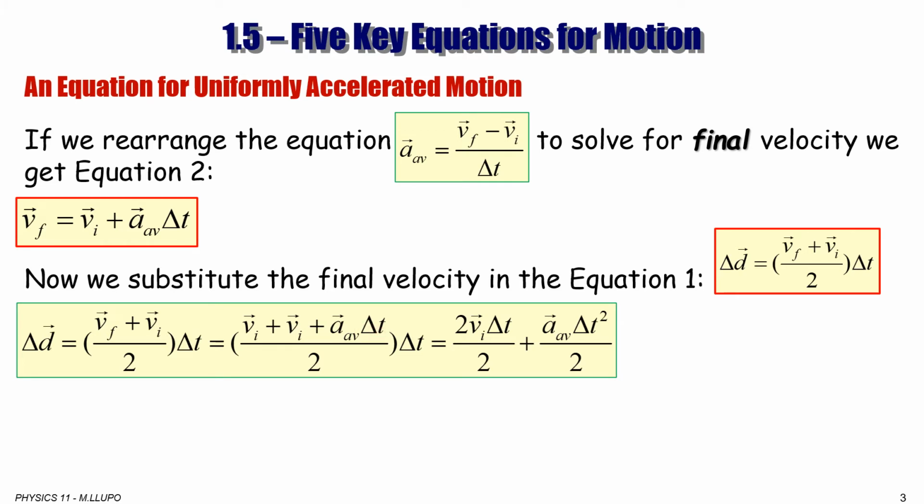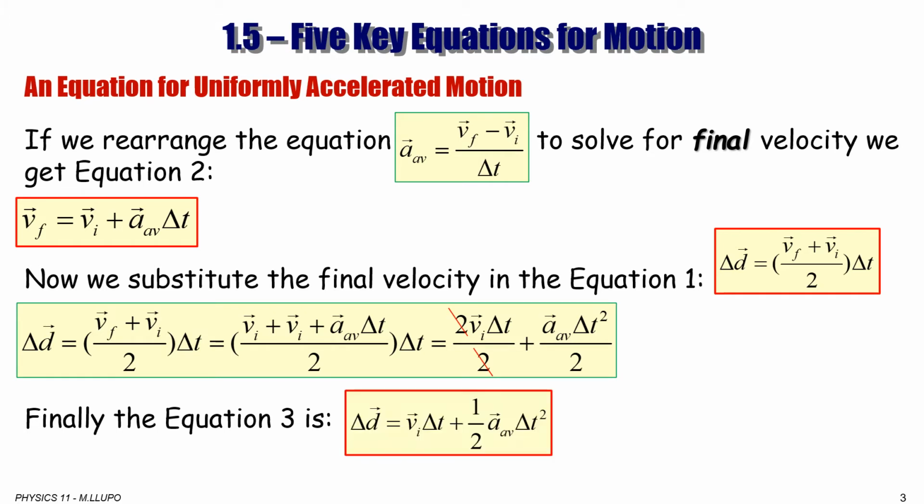Now we have V initial plus V initial, 2 V initial, times delta t divided by 2, plus A average delta t times delta t, which is delta t squared, divided by 2. So 2 and 2 cancel. What is left is V initial delta t plus half of A average delta t squared. This is equation number 3.